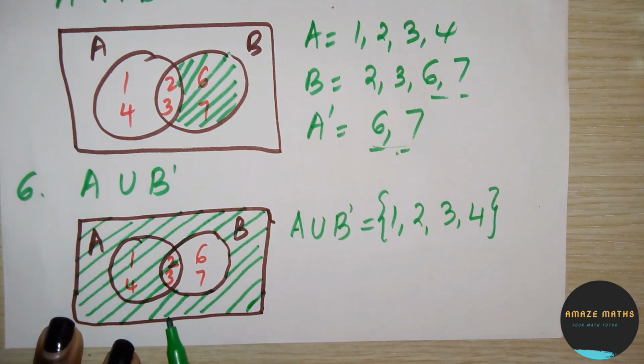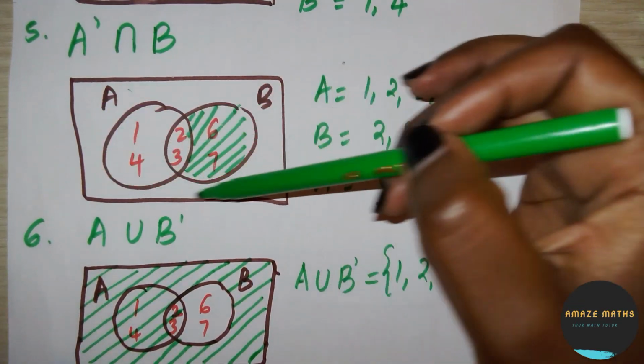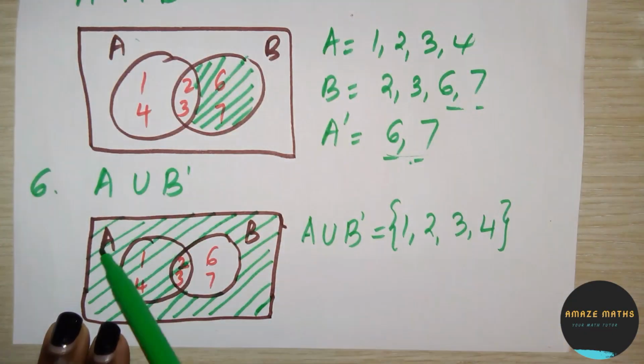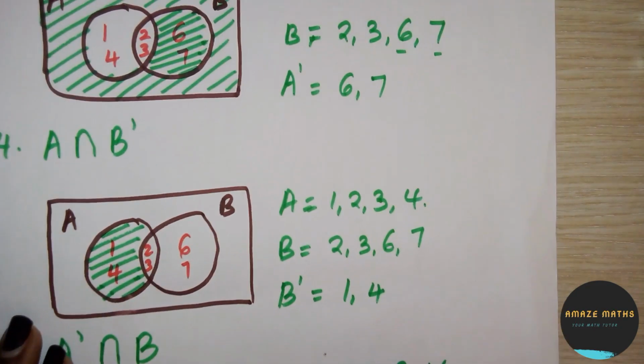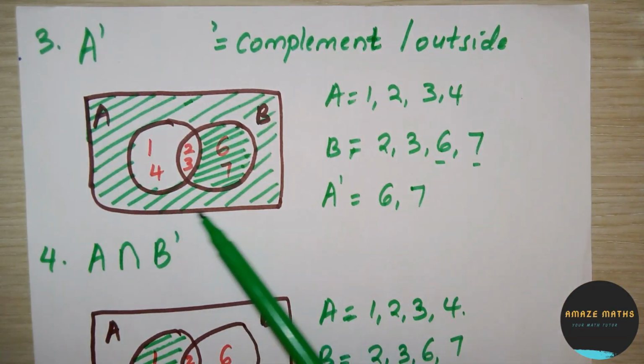With union, it's a bit different from the intersection. For intersection, you don't shade out this outside region. For union, we have to shade out the outside region as well. Same thing we did here. Outside of A would also be inclusive of this region.